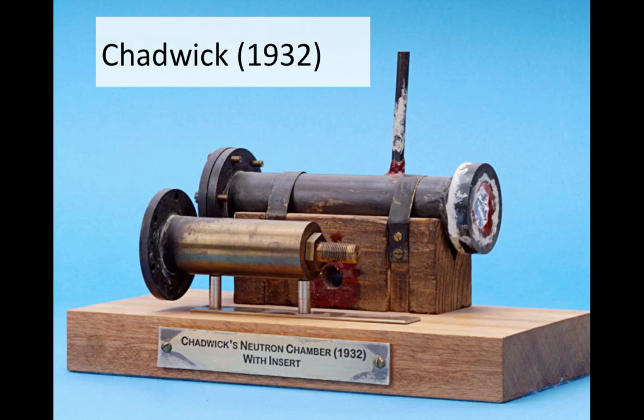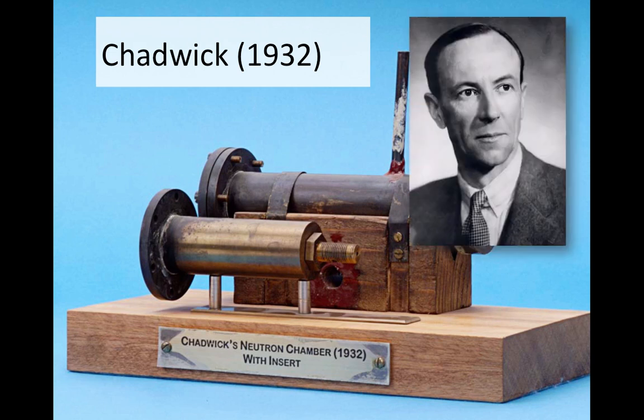Just to very quickly finish this bit of the presentation, and complete our picture of the atom: Mr. Chadwick, there's a photograph of him, who I mentioned earlier, did some interviews talking about Rutherford. In 1932, he used the equipment you can see there to discover the neutron. It was already known that there was something there, because Rutherford himself looked at alpha particles and said, well, it's got a charge of 2, but a mass of 4.